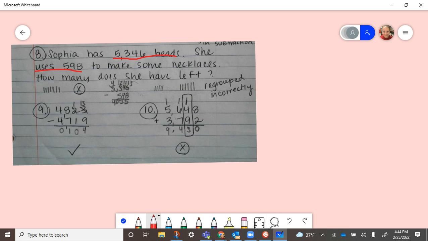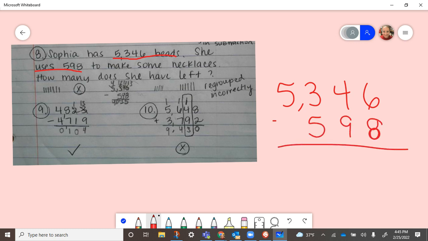So let's see what you did. We've got 5,346, and we're subtracting 598. So good job getting the right operation. All right, so here you have 6 minus 8. So you knew that you couldn't do that. So when you regroup, I think it was just putting the wrong number.